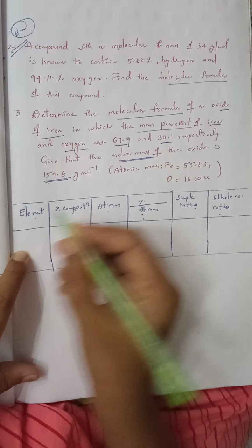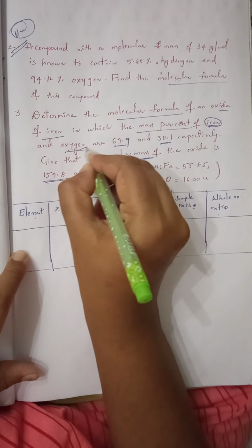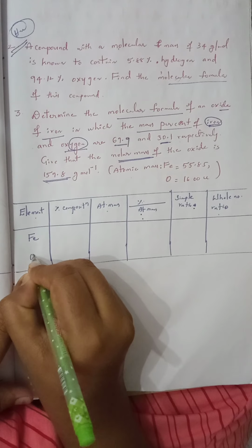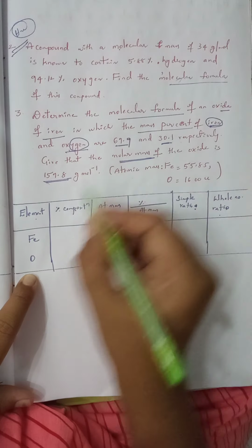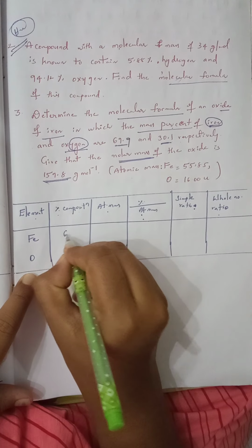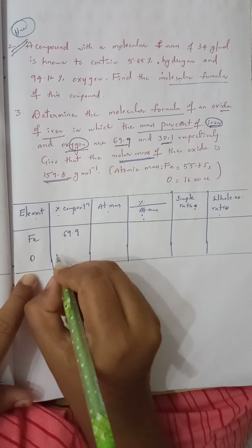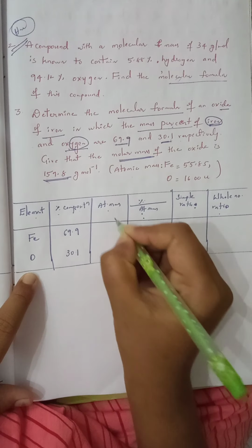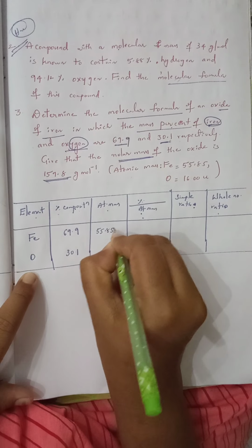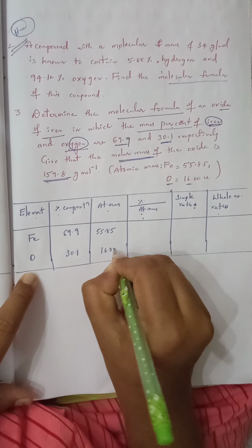First, write down the elements. There are only two: iron and oxygen. The iron symbol is Fe, and the oxygen symbol is O. Percentage of iron is 69.9 and percentage of oxygen is 30.1. Then write the atomic mass of iron, 55.85, and the atomic mass of oxygen, 16.00.